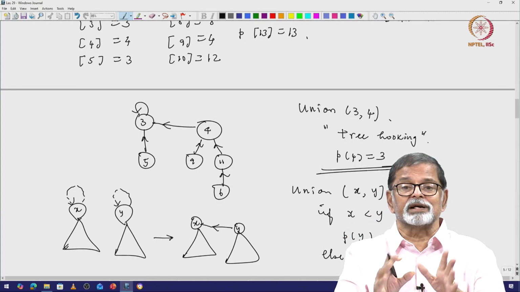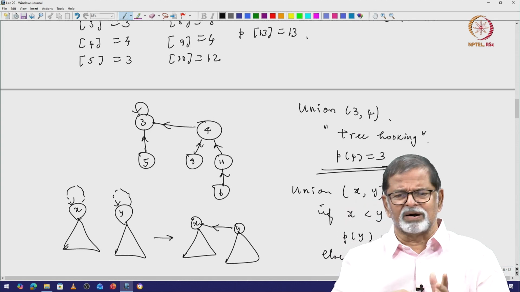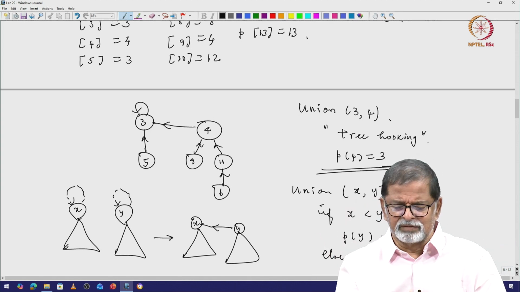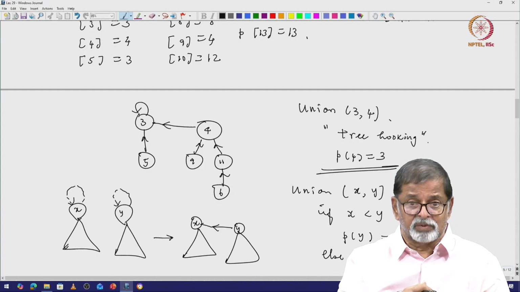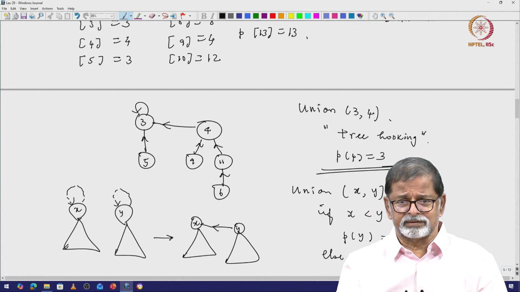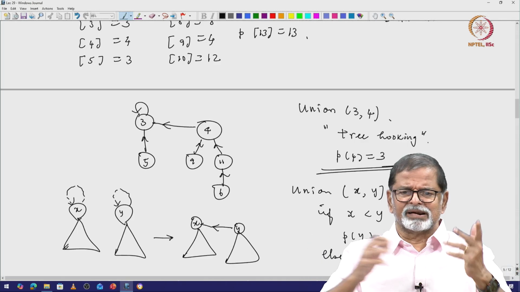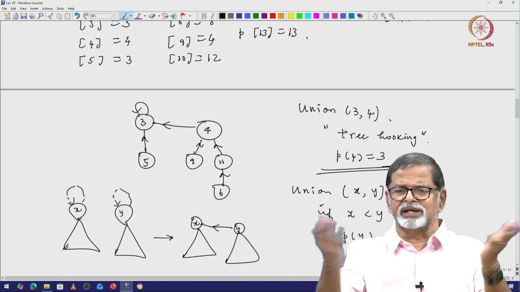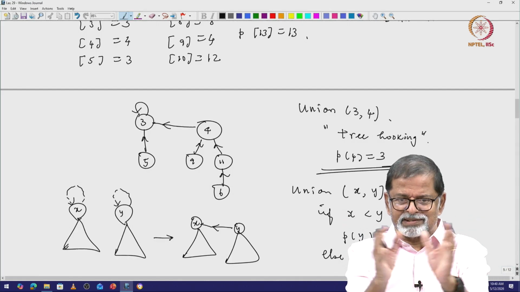For all others, parent will be different. It may be smaller or greater, that depends. For example, parent of 6 was larger, parent of 11 was smaller. Because we didn't put any restriction, the relative values can be in any way, it does not matter.